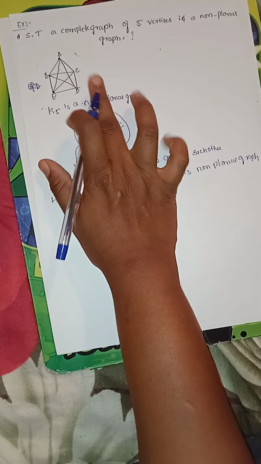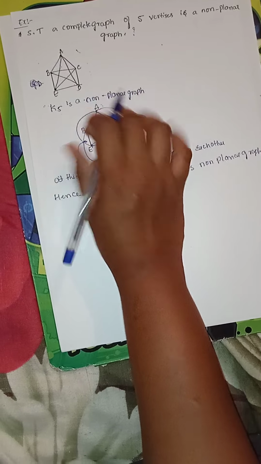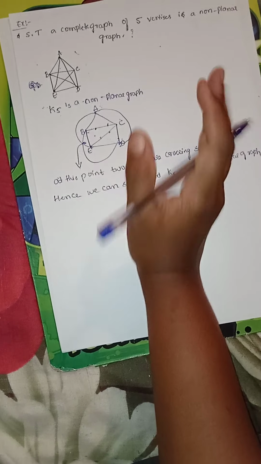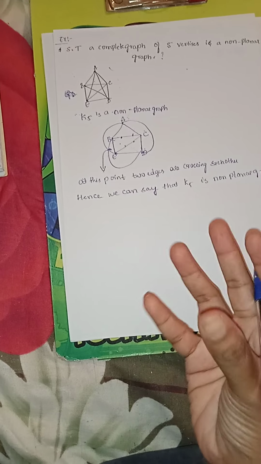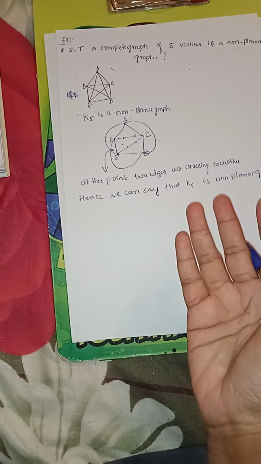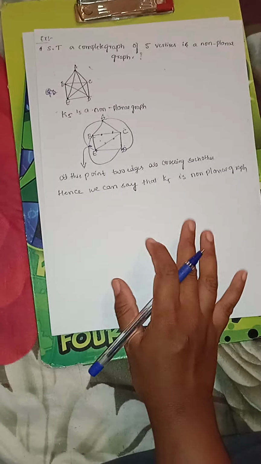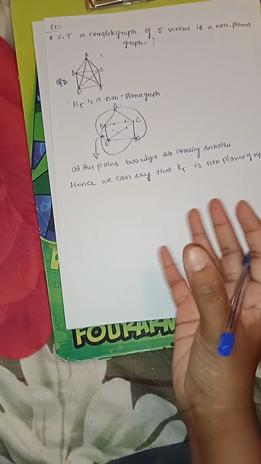A complete graph with 5 vertices is a non-planar graph. So we cannot draw a complete graph with 5 vertices in a plane without edge crossing.